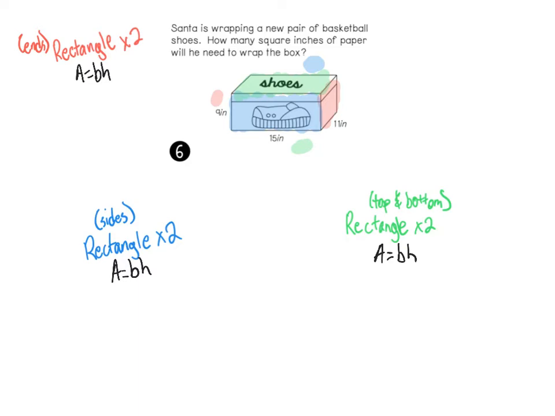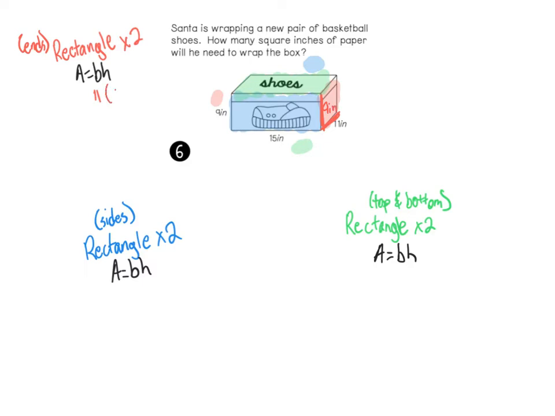All right, so now let's start with the red. We have the base of this one right here. That's 11. So the base is 11. The height, which is right here, we don't know exactly because it's not labeled there, but we could notice this is the same height as this. So we can write in 9.